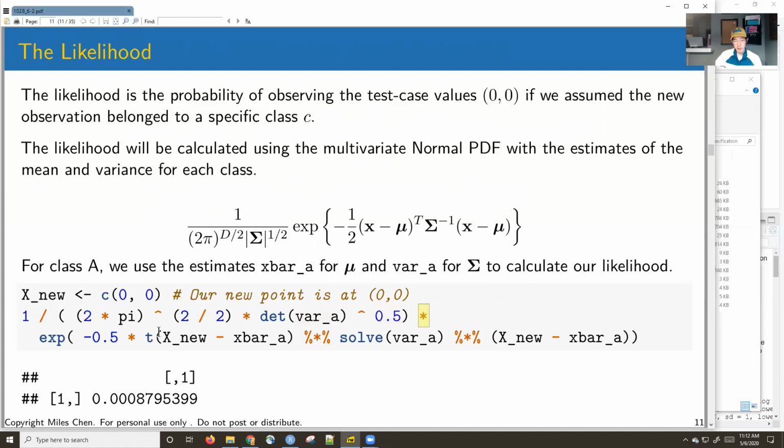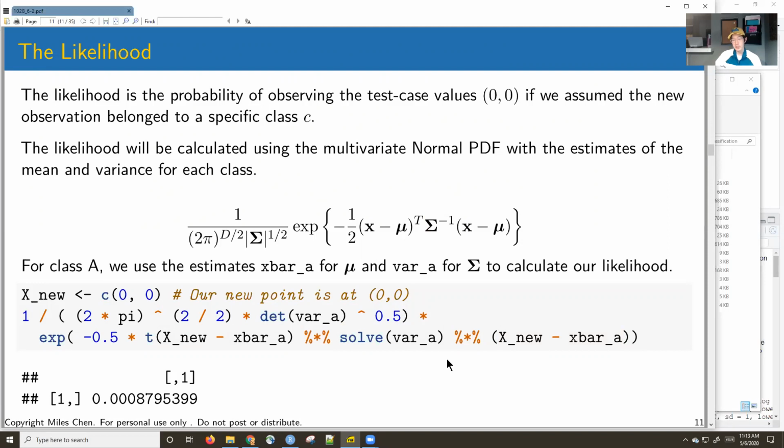And then we multiply that by exp of negative 1/2 times, and our new observation is 0, 0, x new minus x bar transpose, times the inverse of the variance matrix, which is solve var A, times x new minus x bar.